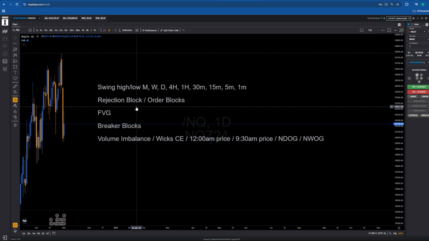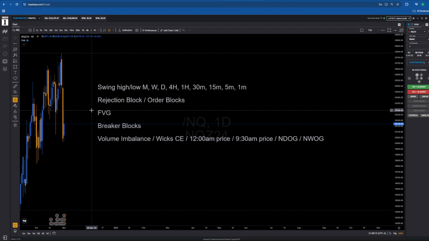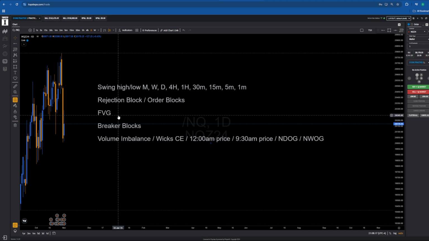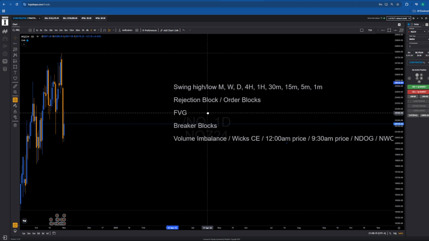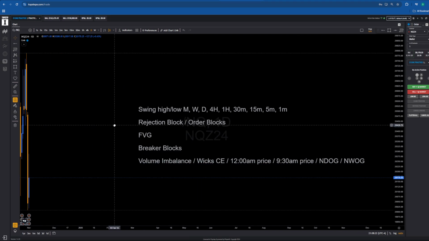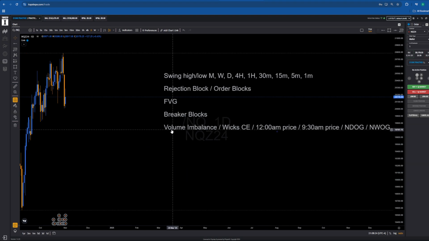The third thing, of course, is the fair value gap. That's where typically I take my entries. And then if there is a breaker block which forms on a higher time frame, I try to have my entries based on those breaker blocks as well.